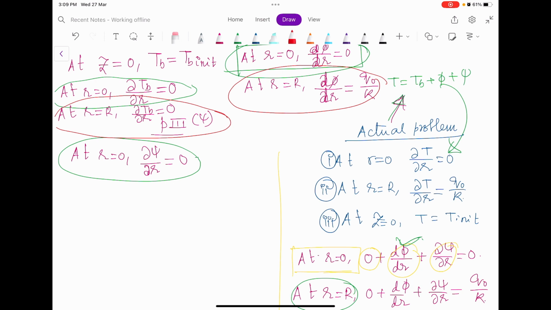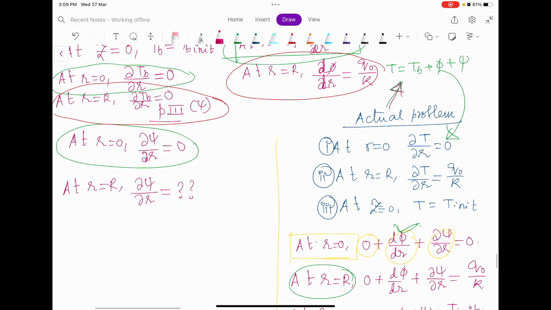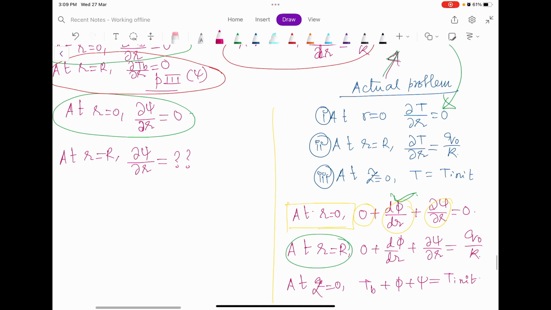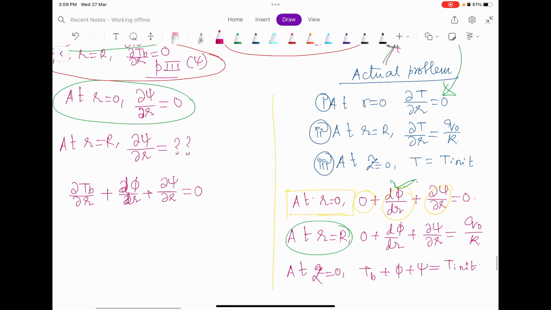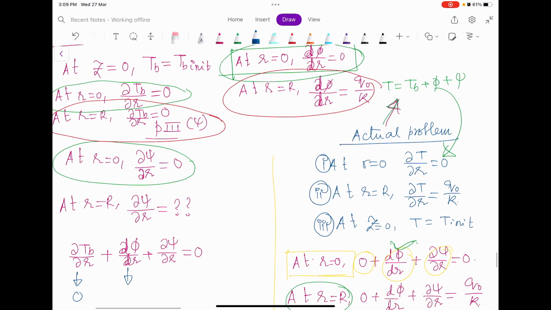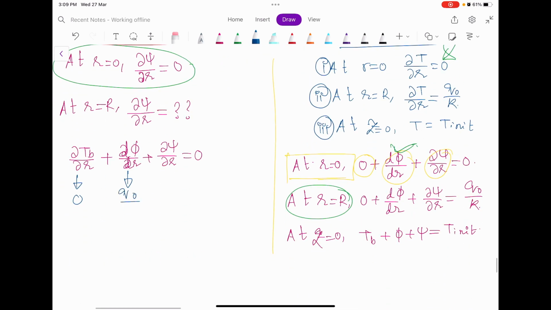We don't know what del psi del r should be at r equal to capital R, but we know that del tb del r plus d phi dr plus del psi del r must be 0, and this is anyway 0, and this is what we have got, q naught by k.